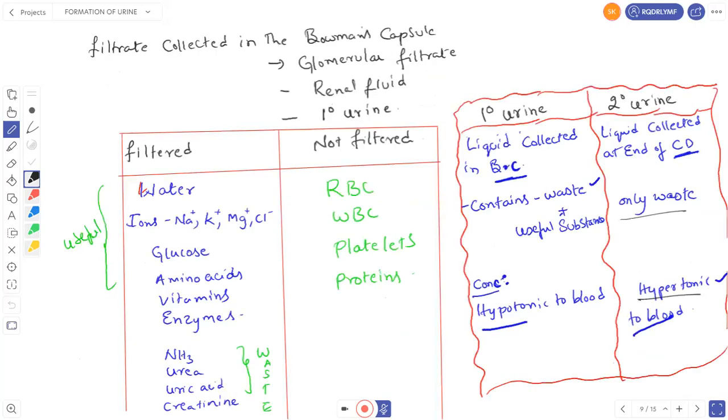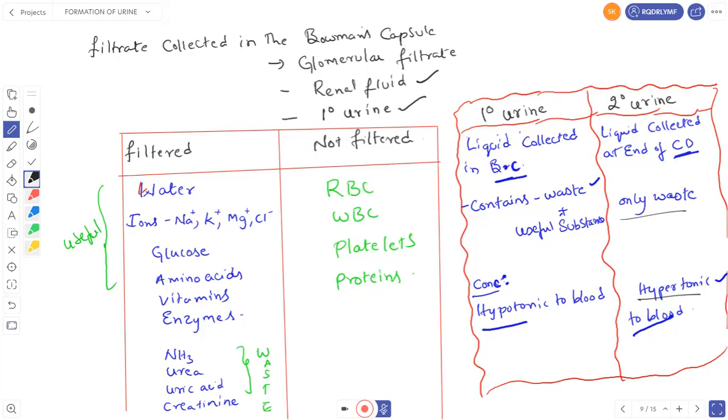Now let us see. The filtrate collected in the Bowman's capsule is called glomerular filtrate. The glomerular filtrate is also having another name called renal fluid, or it is also called primary urine. Then what are the substances that are filtered and what are the substances that are not filtered in the Bowman's capsule?